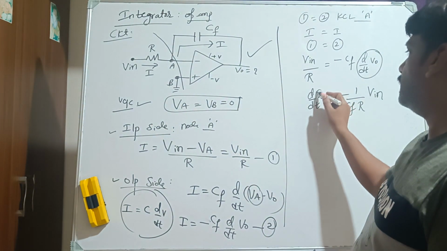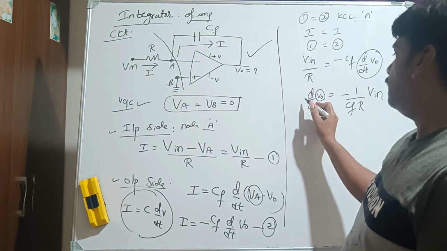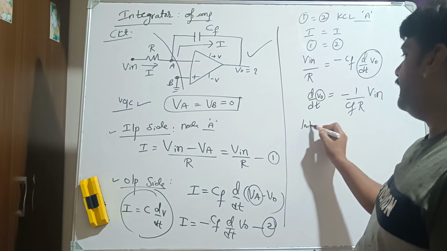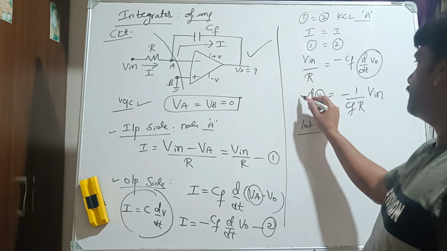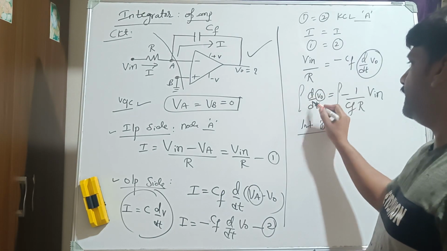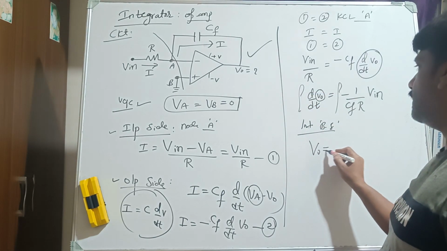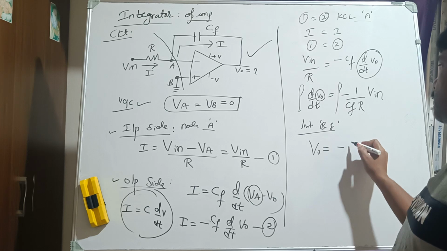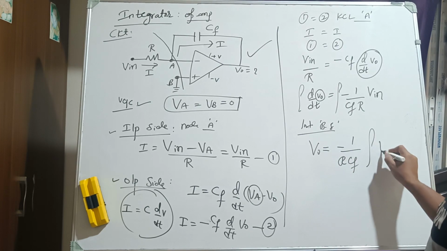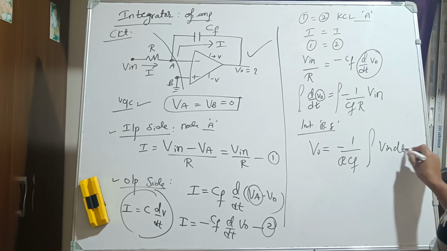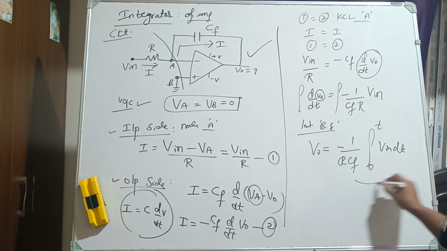So here I want the output, so what you should do is integrate both sides, right? If I integrate this, integration and differentiation will get cancelled. V output is equal to minus, constant, 1 over R into CF, integration of V in dt, from 0 to t.